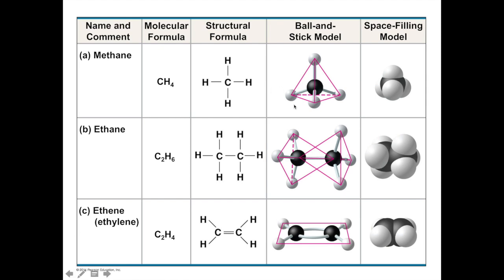So a molecule of methane really looks more like this 3-dimensional representation, where one of these hydrogens is sticking out of the page at you, and 2 of them are going back behind into the page, while the 4th one is just sticking straight up. So it almost looks like a 4-sided pyramid.